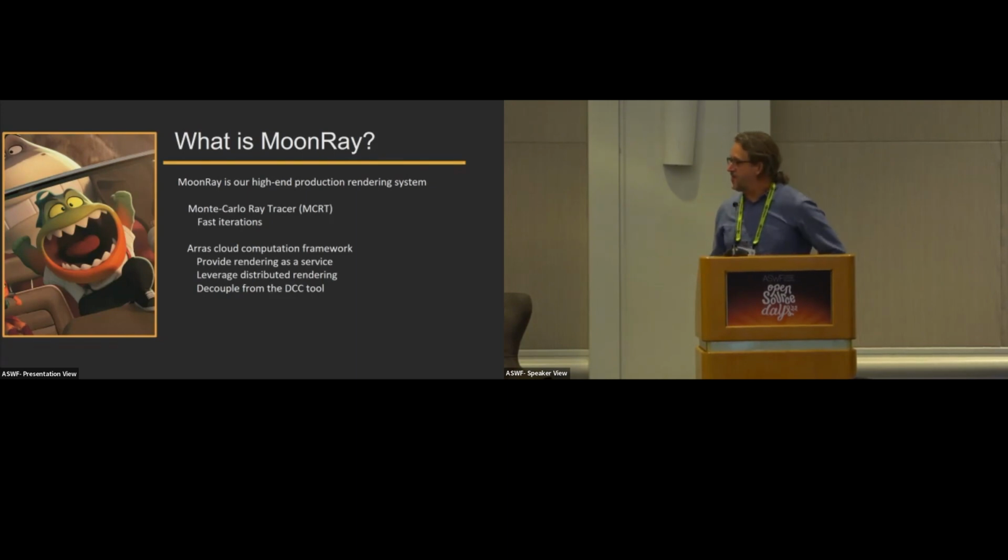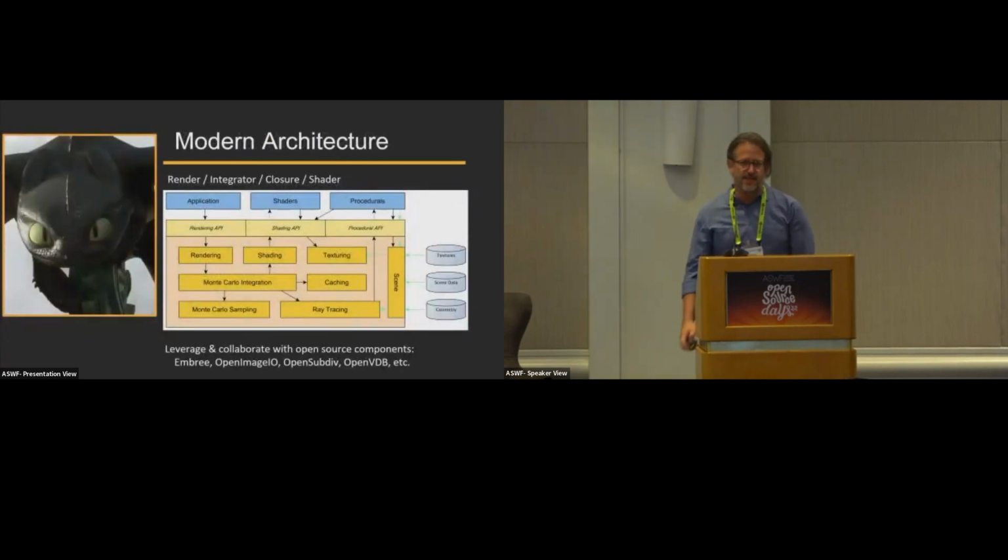So yeah, MoonRay, what is it? It's our production Monte Carlo path tracer. I would describe it as a forward path ray tracer with next event estimation on it. For all these reasons, we think it's good. It's built on a modern architecture.